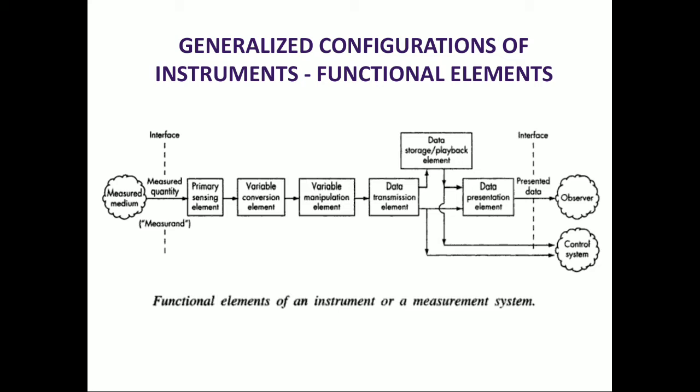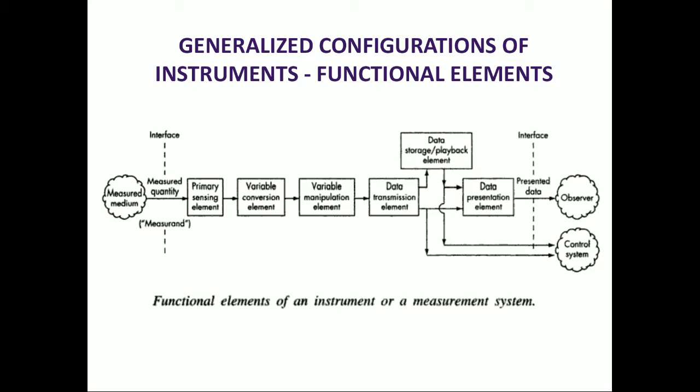Coming down to the second element, the variable conversion element converts these electrical or mechanical signals to a suitable form for recording and measurement. And the variable manipulation element manipulates the output of the variable conversion element to a suitable range.